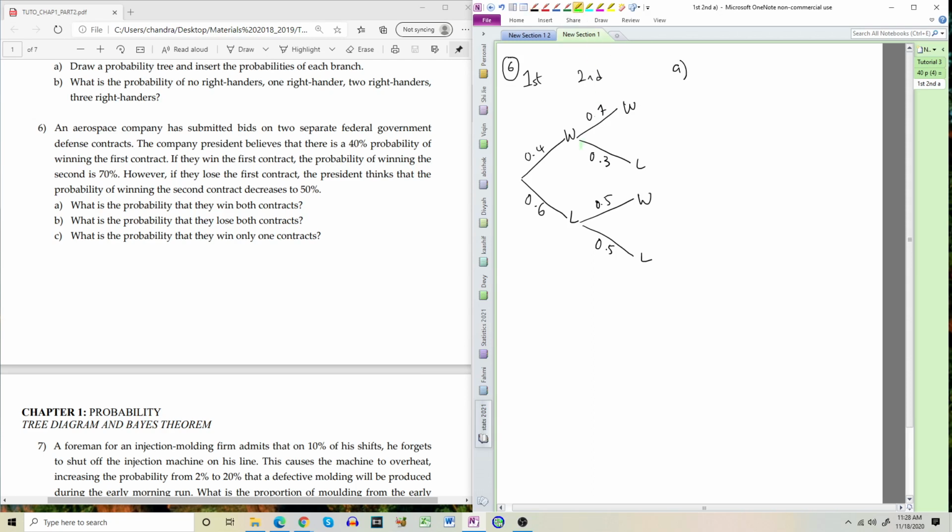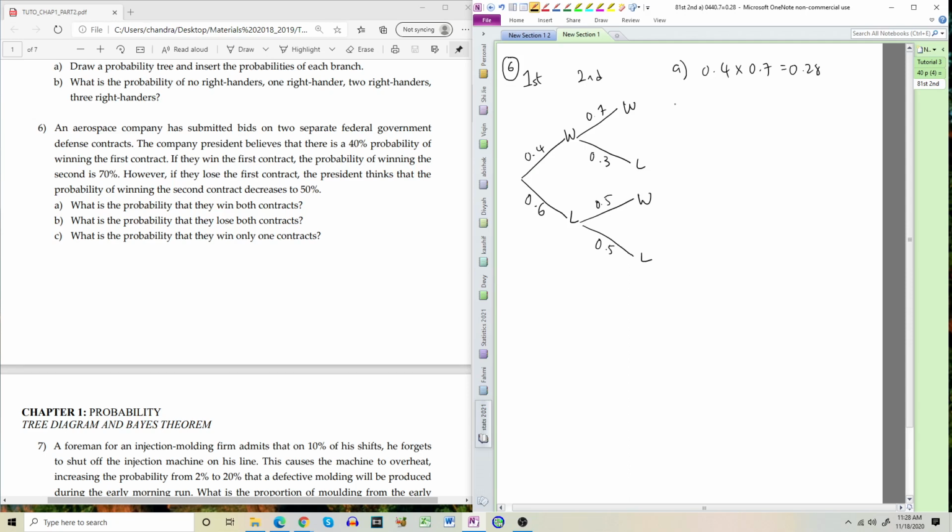What is the probability that they win both contracts? This one, that would be 0.4 multiplied by 0.7, 0.28. Let me know if I'm going fast.